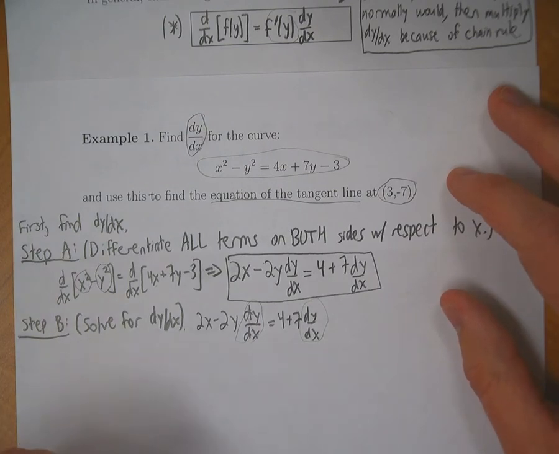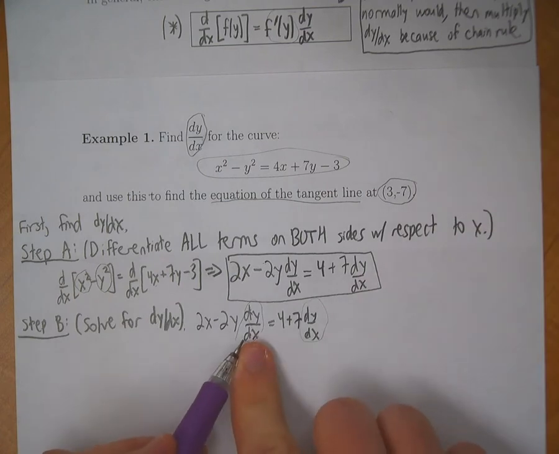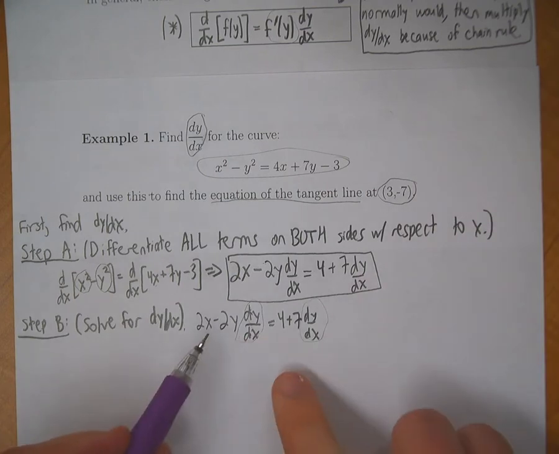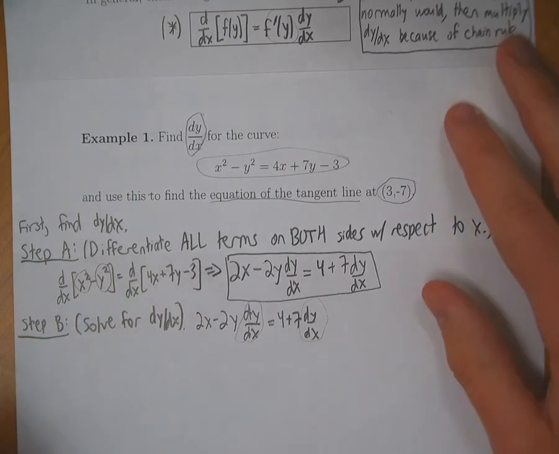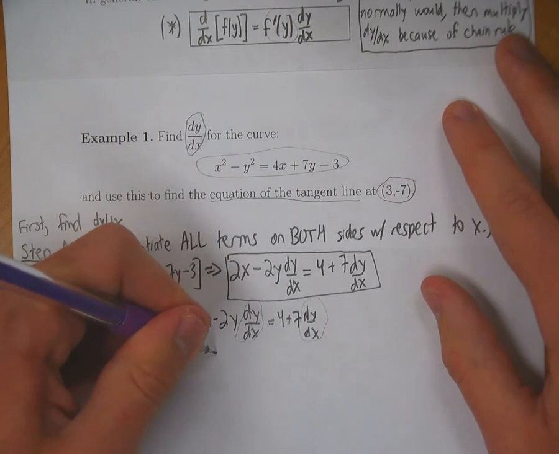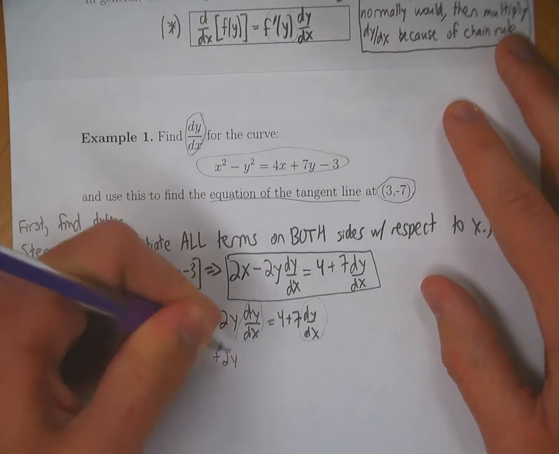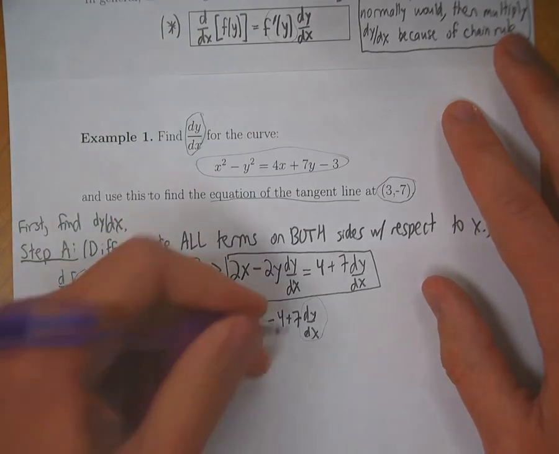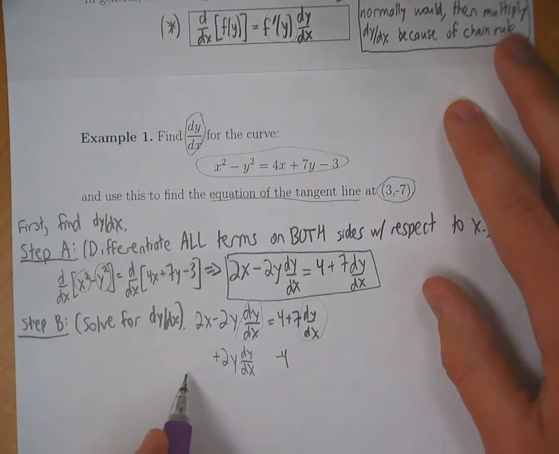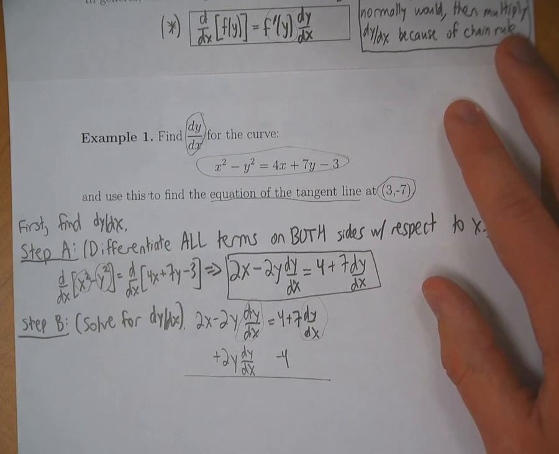We have to get all terms with dy dx on one side and all the remaining terms on the other. So let's add 2y times dy dx and subtract 4 on both sides, so that we get everything with dy dx in it on one side and everything else on the other.